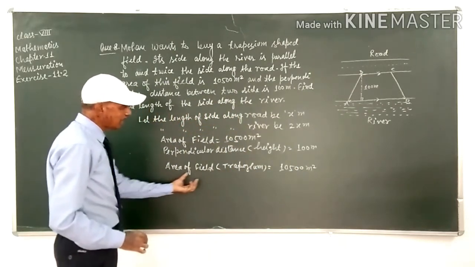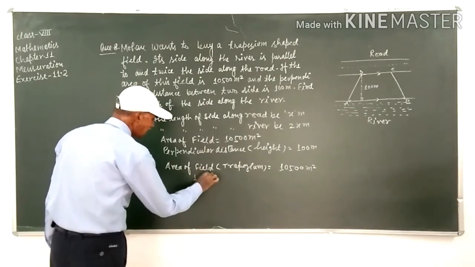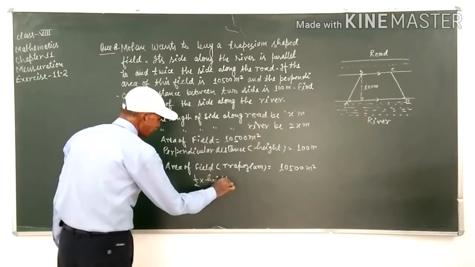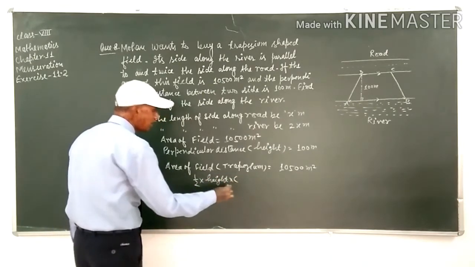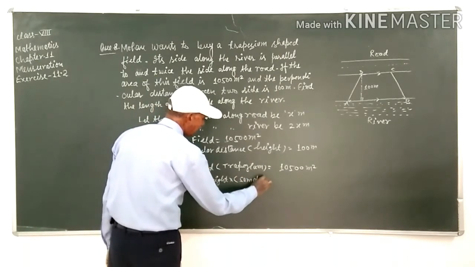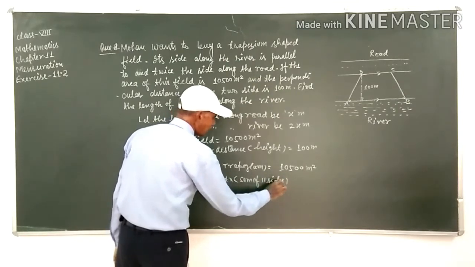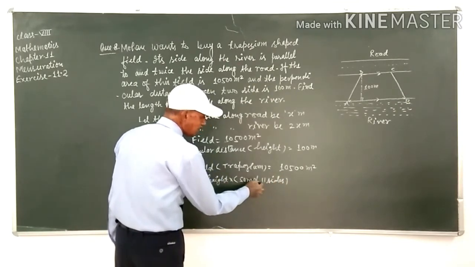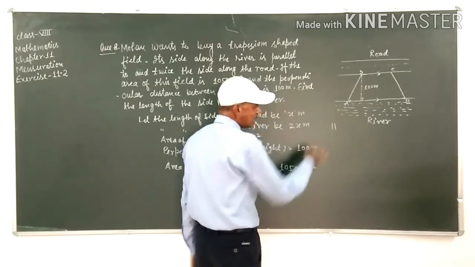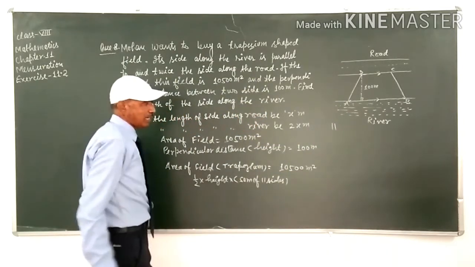So formula of the area of trapezium is 1/2 into height into sum of parallel sides. This means parallel, student, when a line is drawn like this it means parallel. Clear? So sum of parallel sides.